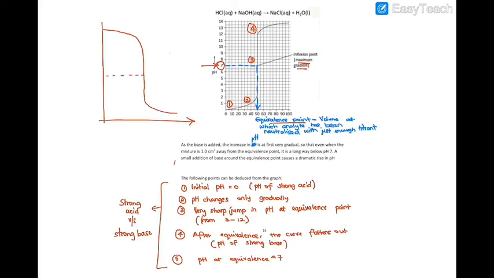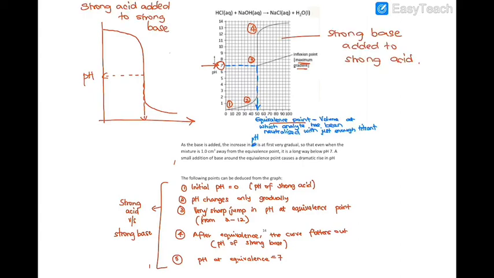But at equivalence point here, we'll still have the pH to be 7. So these are how the two graphs would be, slightly different in the way they start and the way they finish. So strong acid added to a strong base will look like this, and strong base added to a strong acid will look like this.